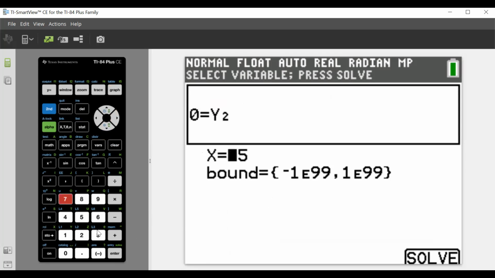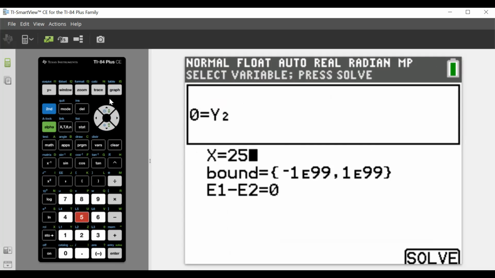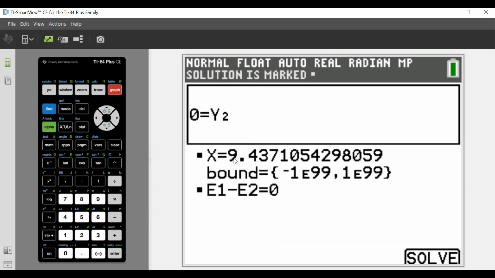Let's try close to 7. So we get 9.4371. Okay, so that's going to be 1. What was the other end? 25. Let's try that one, and it's saying that there's only 1 point in that interval. Okay, and so that's going to be a key.